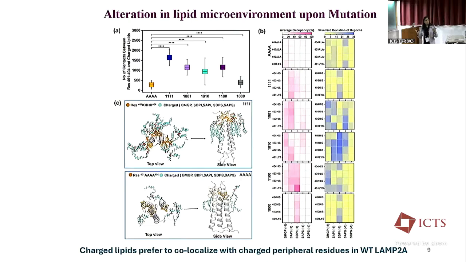Further, this was just the tilting and the thickness. We were also interested in looking at how the lipid environment is changing, because the lipid environment is a very important factor in governing functionality. Only certain lipid microenvironments are known for function, but what that microenvironment is, we don't know. So we went ahead to see how many contacts this protein makes with negatively charged lipids.